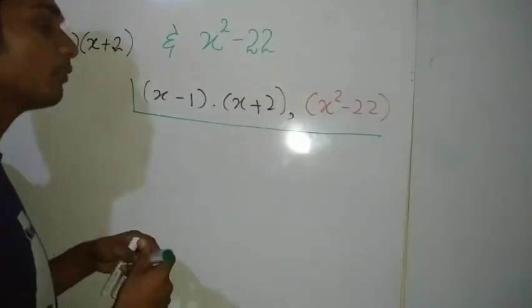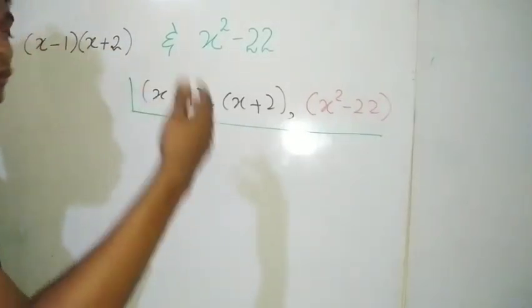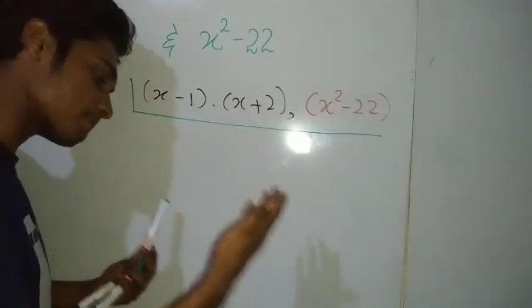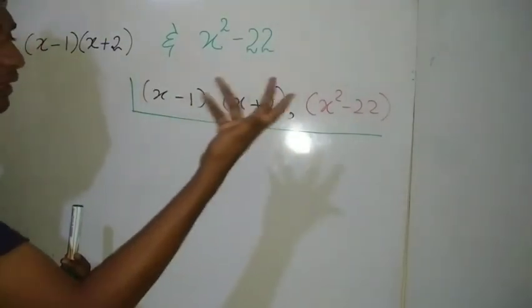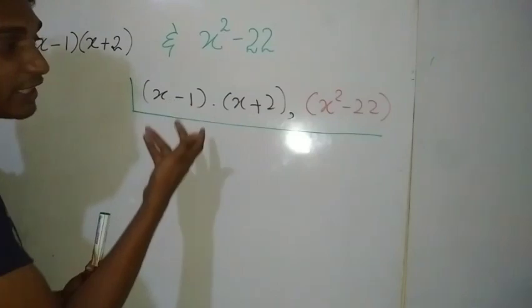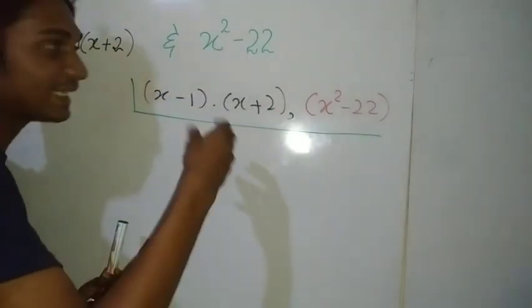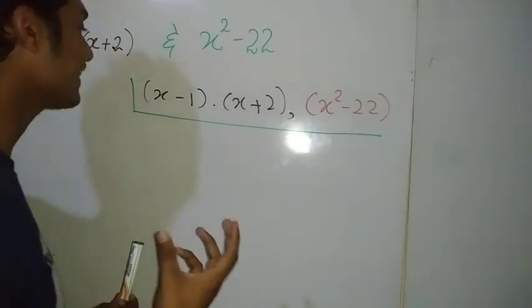Obviously there is no common term, so we can select any one of them to continue the problem. So x minus 1, let me select x minus 1, whatever algebraic term you wish, x plus 2, x squared minus 22, doesn't really matter. You can use anything that you like.